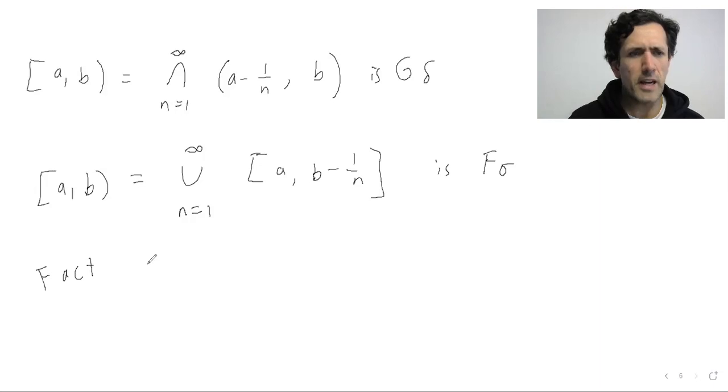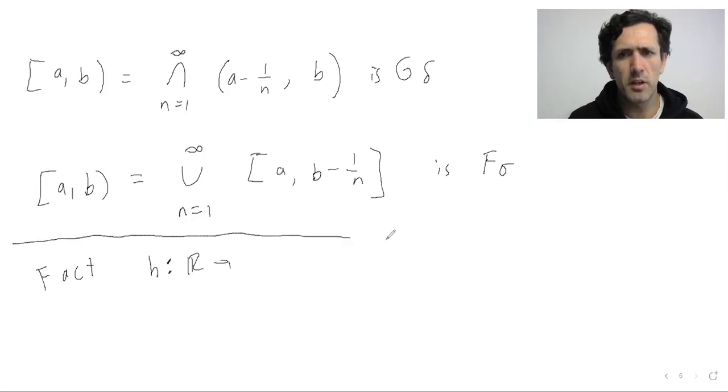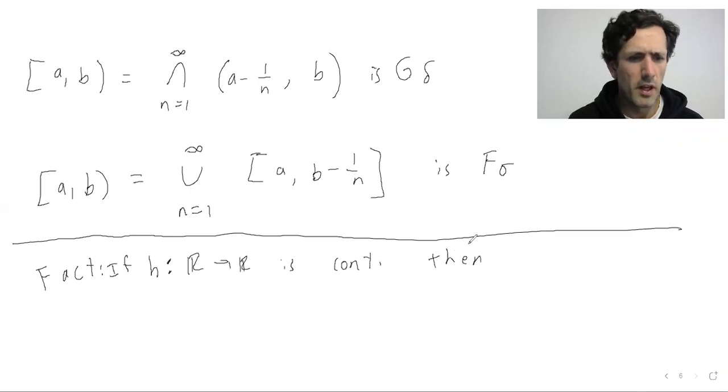Right, so a fact that you probably all know, but I'll just remind you, is that if I have a continuous function h from R to R, then the inverse image of any closed interval is closed.